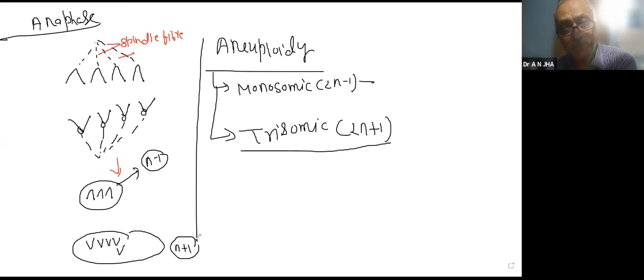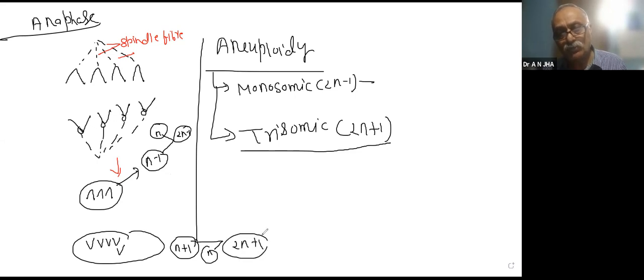If you feel any difficulty anywhere, just keep writing. I will explain from the base, because they ask questions differently. This is always a conceptual question. So what will happen? If n-1 fuses with a normal haploid, then 2n-1, 1 chromosome will be less. If this gamete fuses with a normal one, then 2n+1, 1 chromosome will be more.